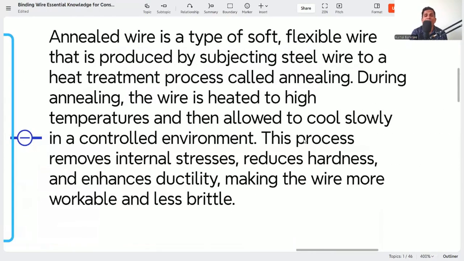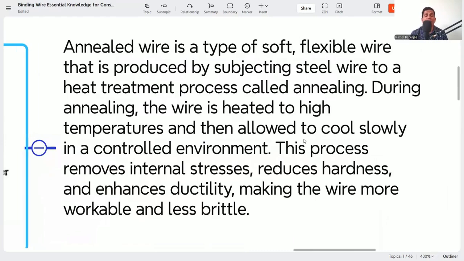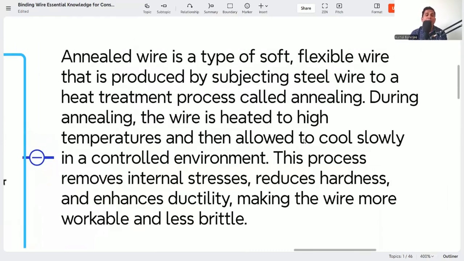Annealed wire is a type of soft, flexible wire that is produced by subjecting steel wire to a heat treatment process. Whenever the steel is being prepared, the heat treatment process is called annealing. During annealing, the wire is heated to high temperatures and then allowed to cool slowly in a controlled environment.